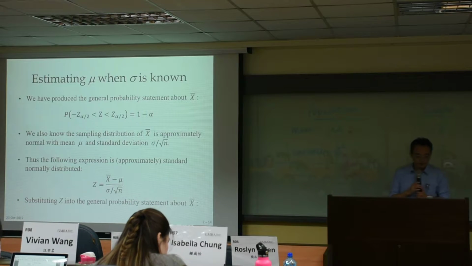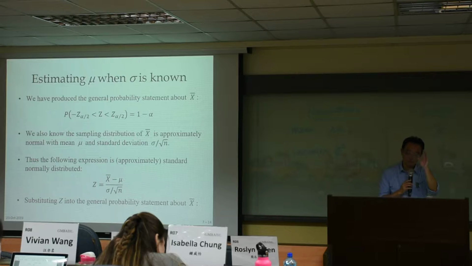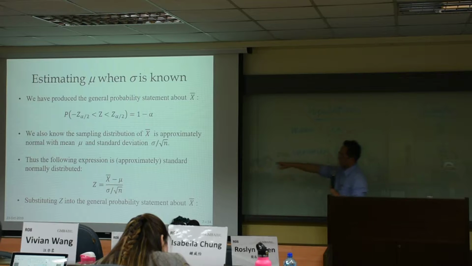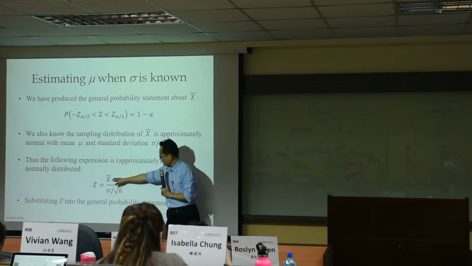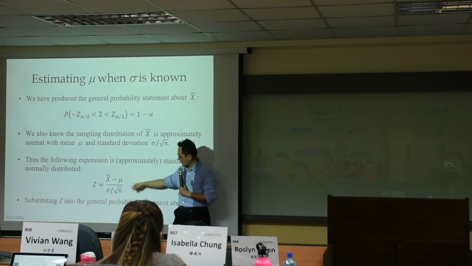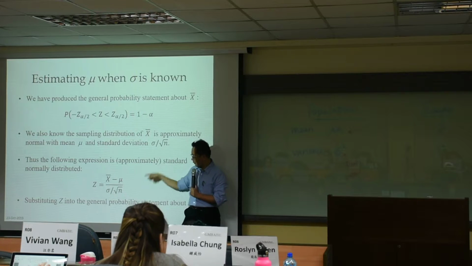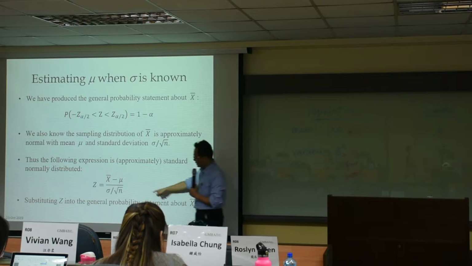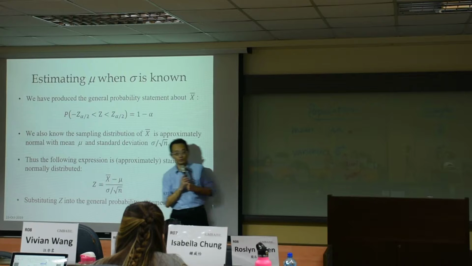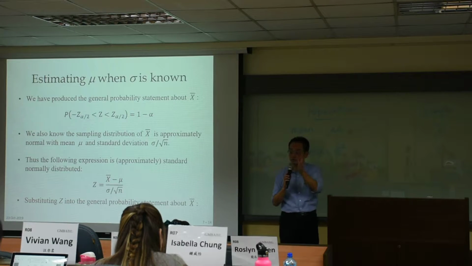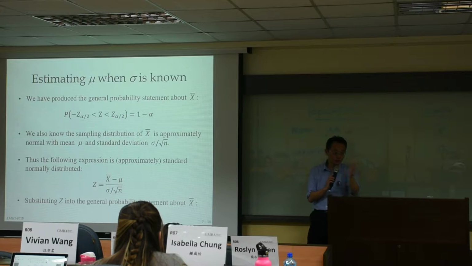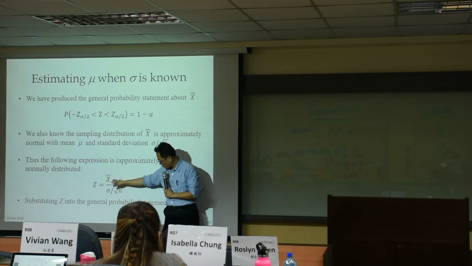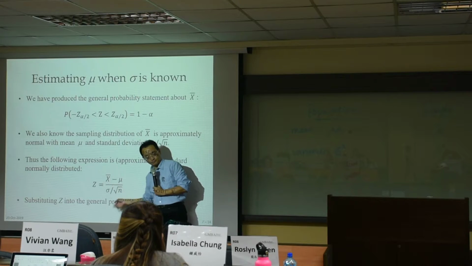Right, so we can combine these two ideas together. The x bar minus mu divided by its standard deviation will follow standard normal distribution. Remember the process here, as we have written on the board, is called standardization, or normalization: subtract the mean and divide by the standard deviation.